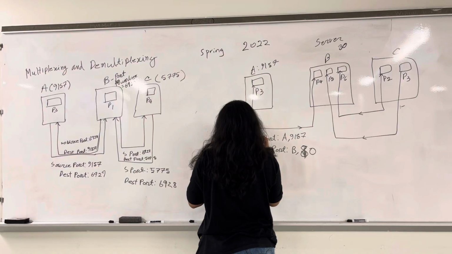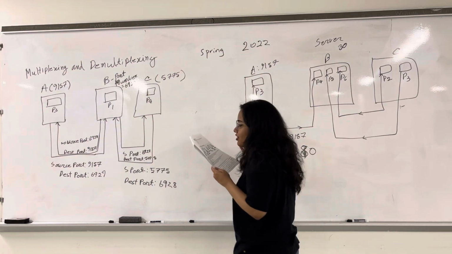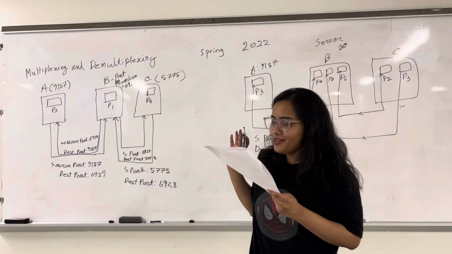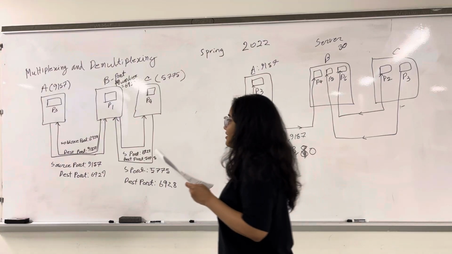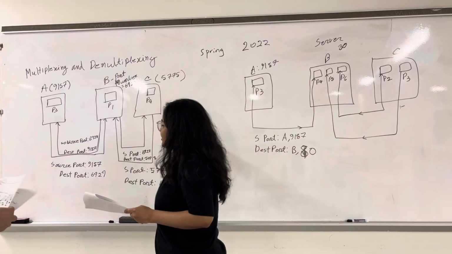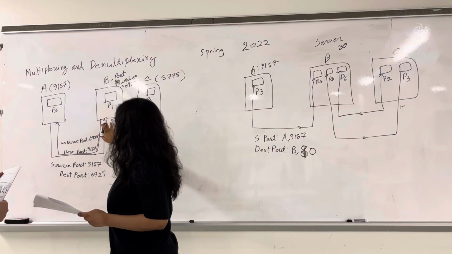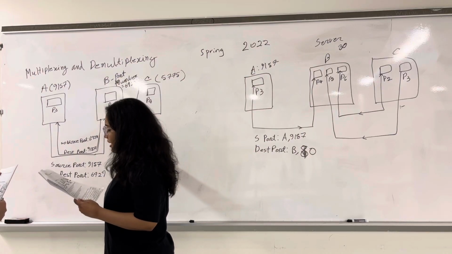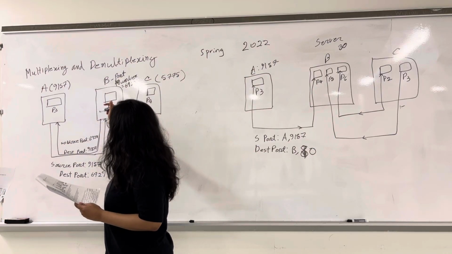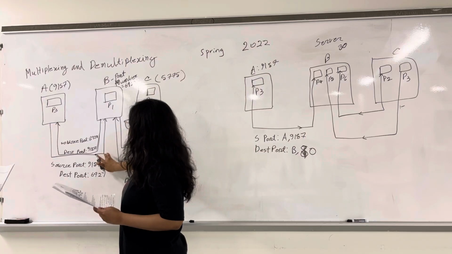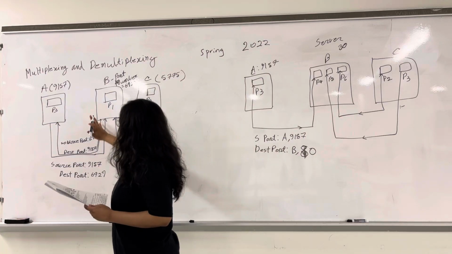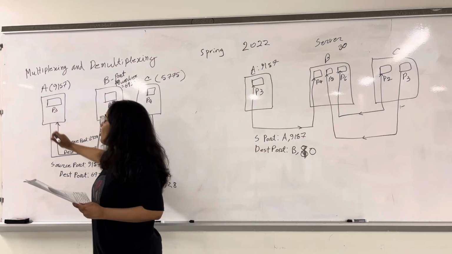Wait, sorry, I made a mistake. This one is connectionless. Here this line is sending data, so A is sending data with this segment on this line, and B is sending with this one.